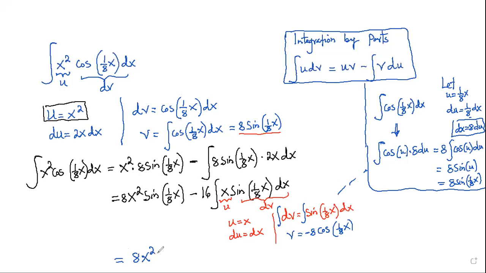So it's 8x squared sine 1/8 x minus 16 now times, so uv, so u is x times v, which is -8 cosine 1/8 x, minus the integral of v, so that's -8, so we can make this plus because v is this, 8 cosine 1/8 x, du is dx.